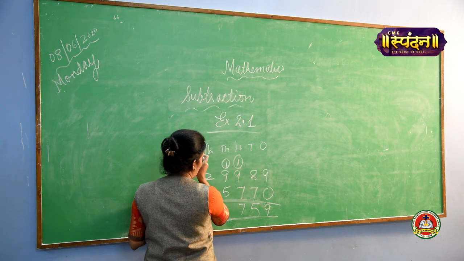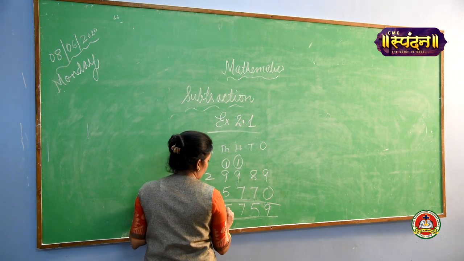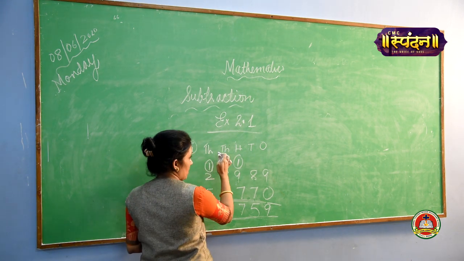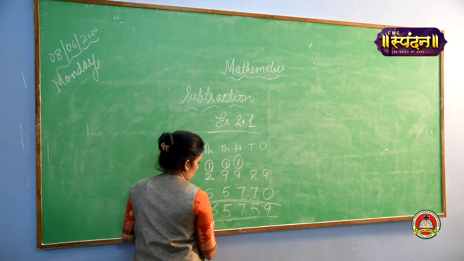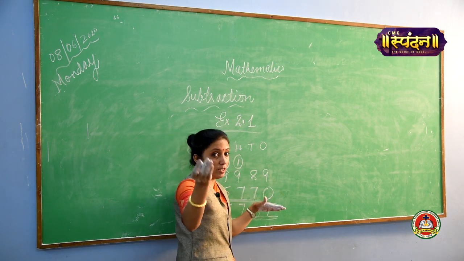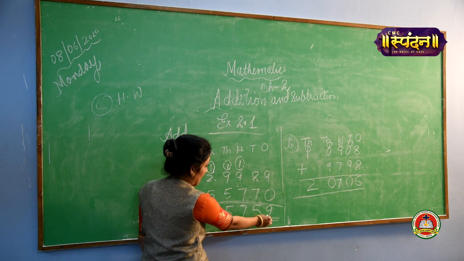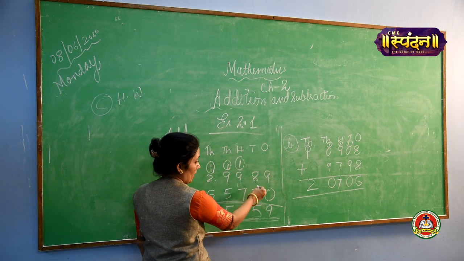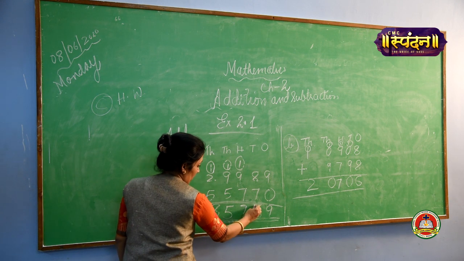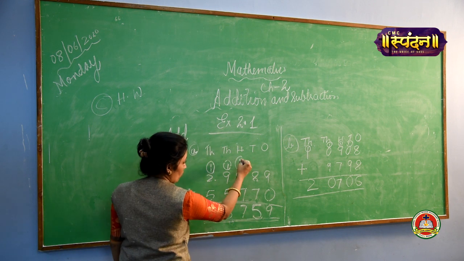Now carry over 1. Now 9 plus 1 again 10, 10 plus 5 is 15, then 1 carry over, 5 plus 2 is 7, 7 plus 1 is 8. Can you see the answer coming? Let me check whether the answer is correct, and you can also check. 9 plus 0 is 9, 8 plus 7, keeping 8 in mind, plus 7 is 15, 5 I have already written, carry over 1.